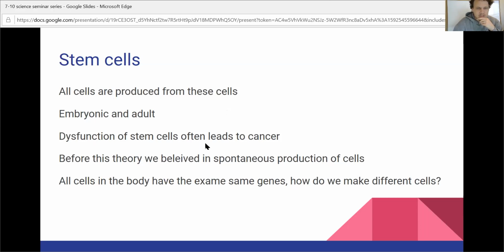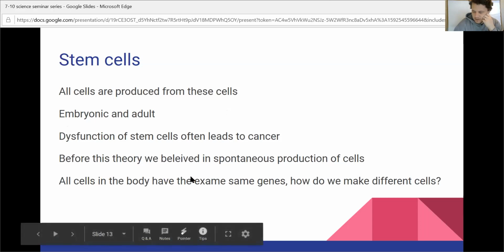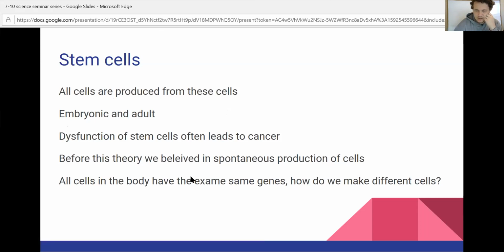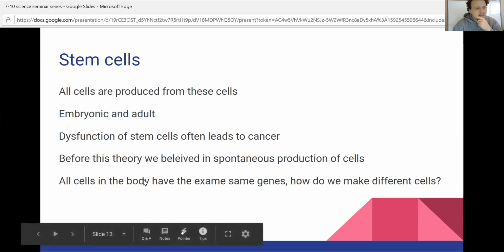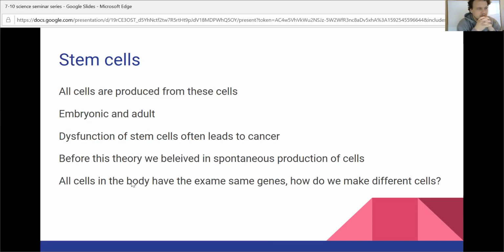So this dysfunction of these stem cells can lead to cancer. It doesn't always, and not all cancers are caused by this, but it can. So, a question to ponder over the coming weeks, and something that I'll keep coming back to, is if all the cells in the body have the same genes, then how are the cells any different?